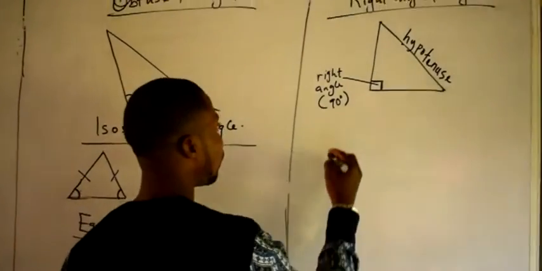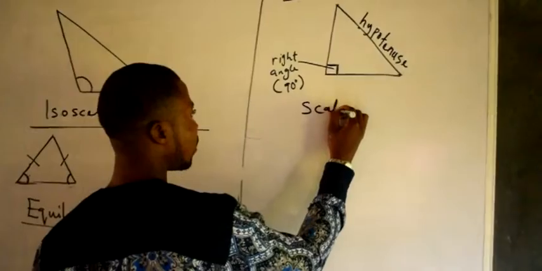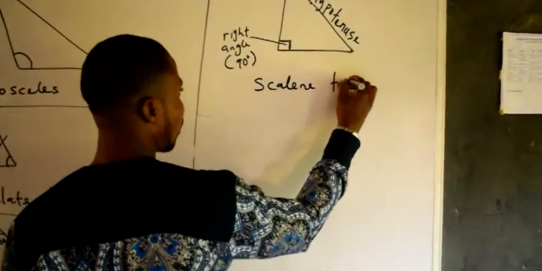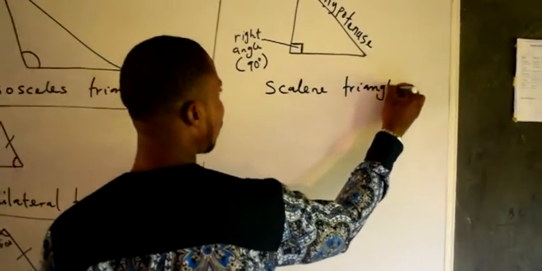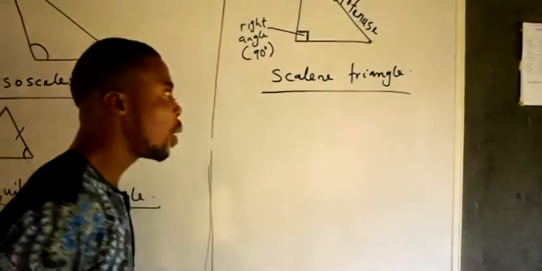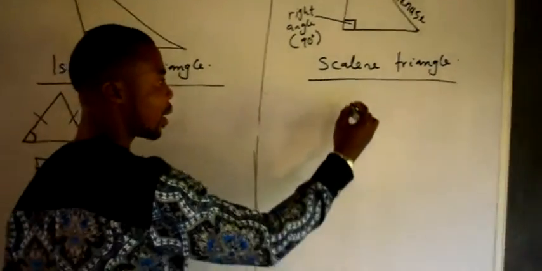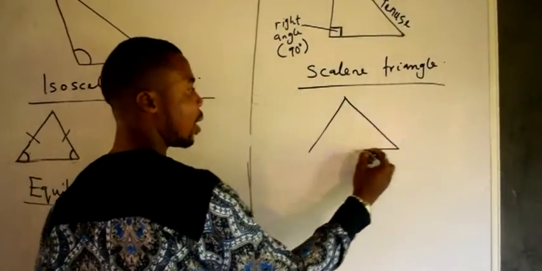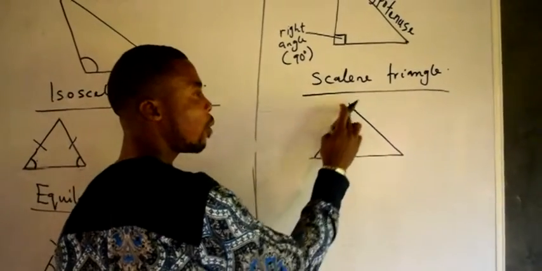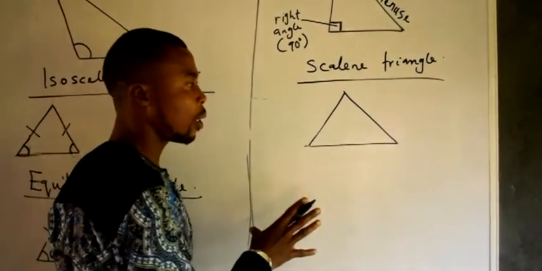Last one here, we have the scalene triangle. These are triangles in which, we have three sides in a triangle, but none of these sides are equal to each other.